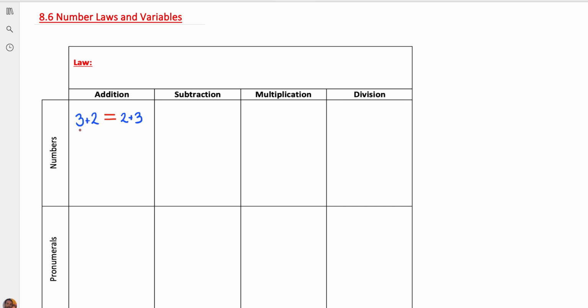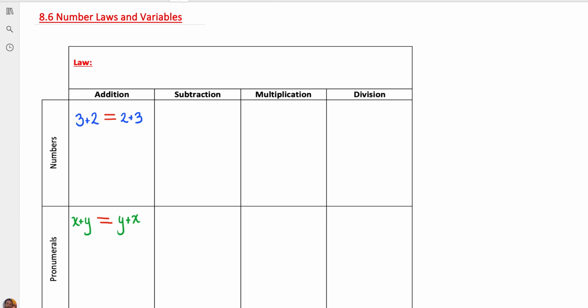Because this is equal, the same in numbers, then it also must be equal when we're using pronumerals. So if I'm saying x plus y, is it equal to y plus x? I'm hoping that you're saying yes, it is. Wonderful.